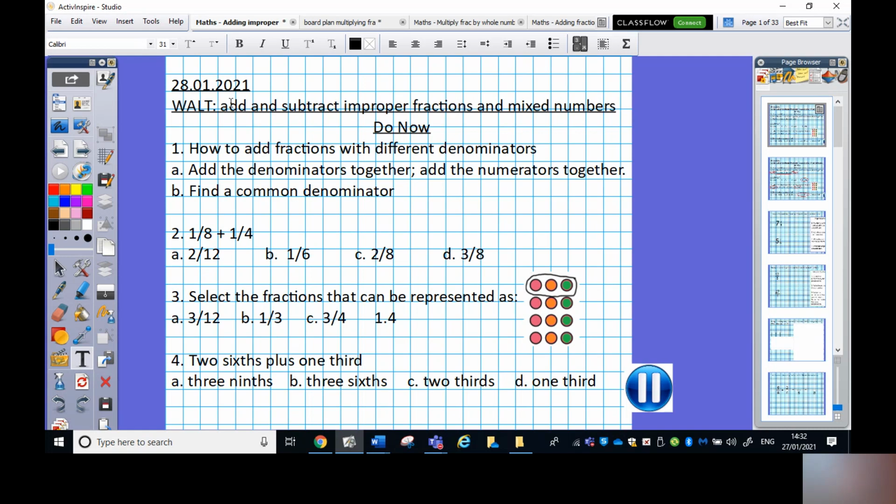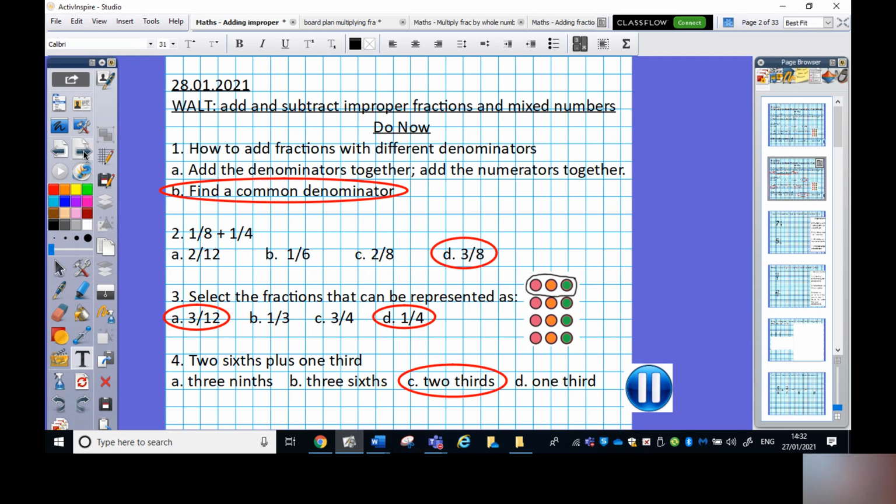Okay, how did you do? Let's take a look. Number 1. How to add fractions with different denominators. Find a common denominator. Number 2. 1/8 plus 1/4 equals 3/8.